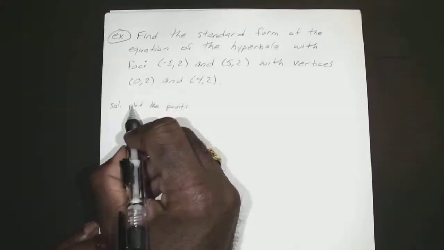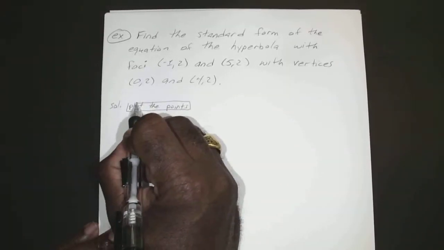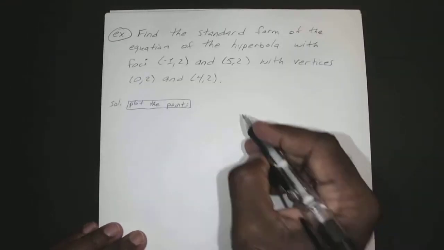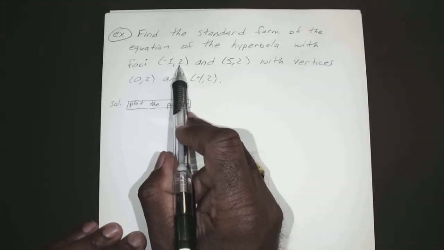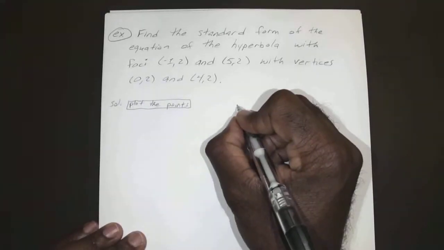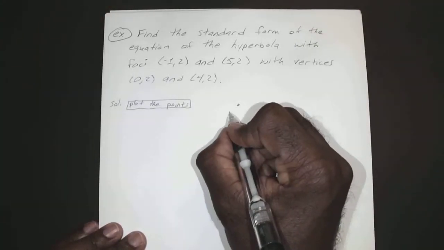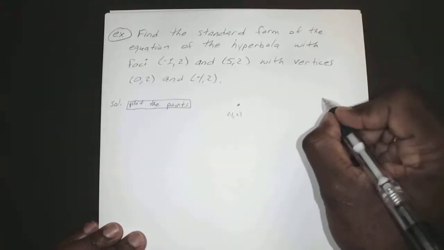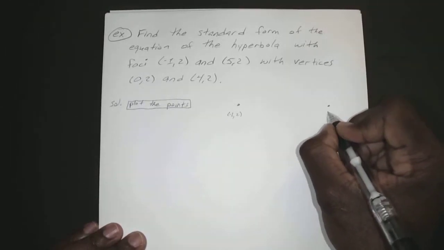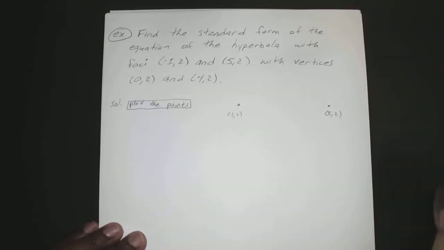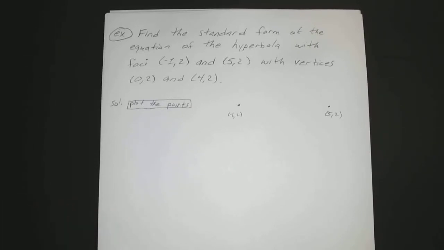It doesn't have to be specific, but it kind of helps you visualize. So if we have (-1, 2) and (5, 2), let's say this is (-1, 2) and this is (5, 2). You don't even have to draw the x-y axis and all of that. You just need to know where they are.